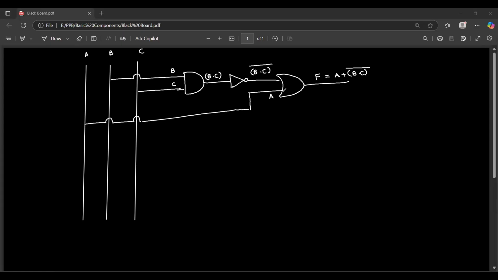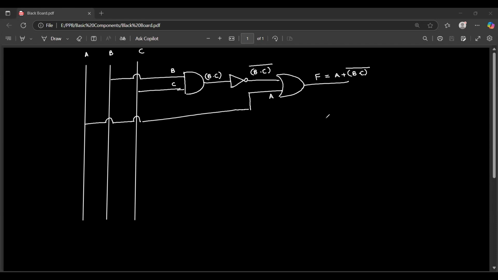So they won't actually ask you to find the output of the circuit. Normally they will ask you with the truth table. But why am I doing this? Because it's very basic, and it's the foundation for you to draw circuits.